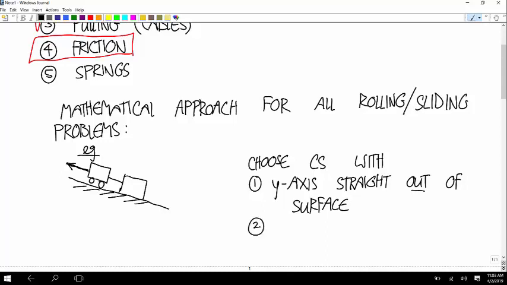And then you can really think of that as the only requirement. If you draw the y-axis out of the surface, then the x-axis is defined. But this always means that the x-axis is parallel to the surface.